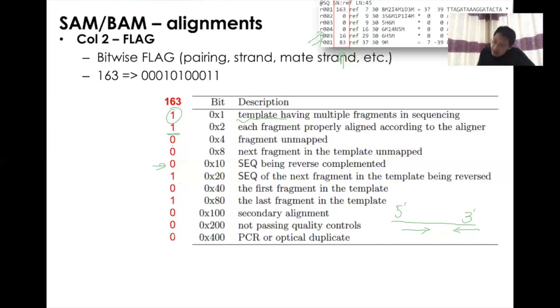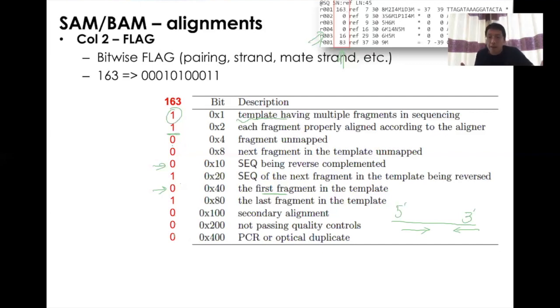Next one is the secondary alignment. We don't have to worry about all that information. And you can see the first fragment, is this the first fragment in the template? The answer is 0. That means this is not the first fragment in the template.